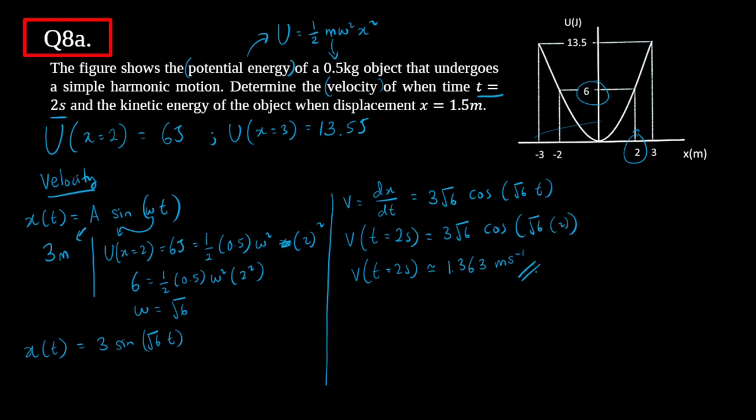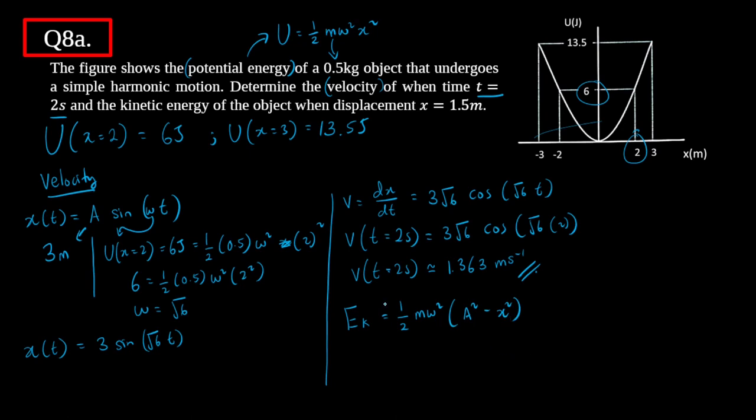Okay, so now what I want to do is look for the kinetic energy when the displacement is equal to 1.5. For the kinetic energy, which is going to be EK, I know my equation is going to be 1 over 2 m omega squared times (a squared minus x squared).